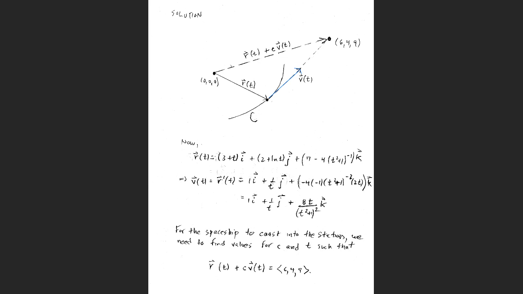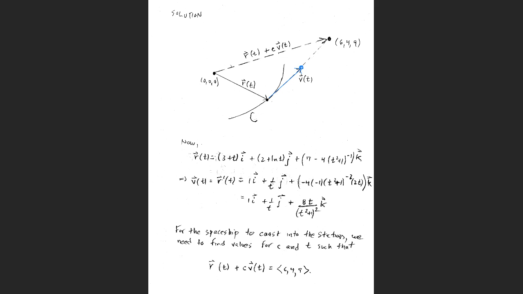But if we take a multiple, how far does the vector v of t go, based on the picture? It's just a symbolic representation, but if the velocity vector v of t were that long, how far does it get?